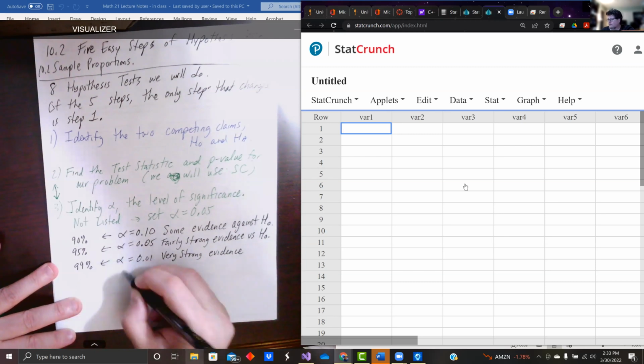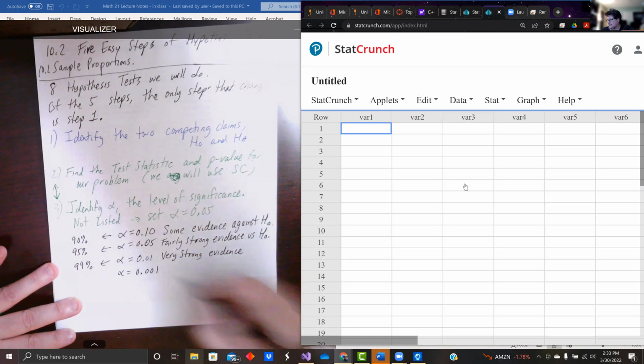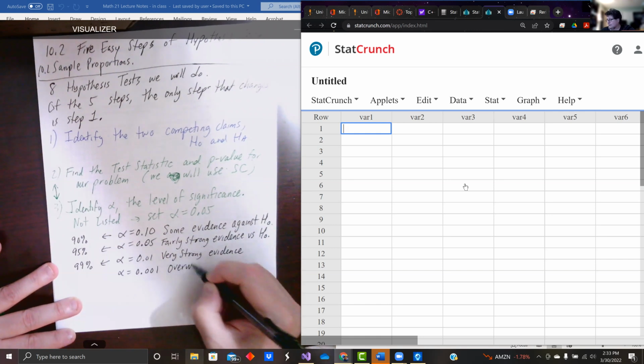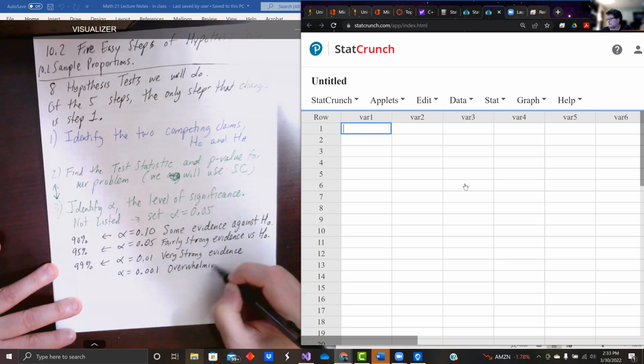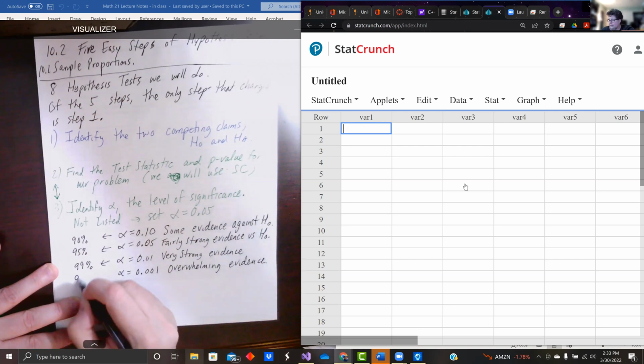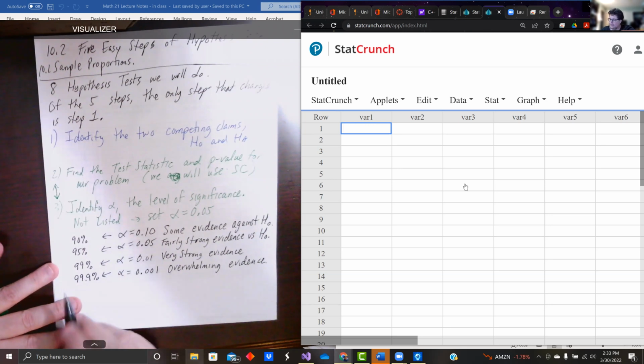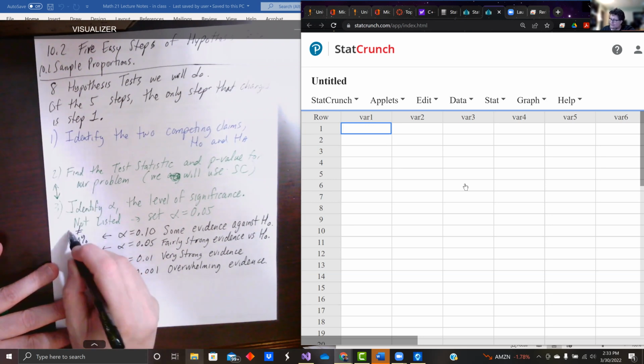And if we go to alpha equals 0.001, this is kind of like overwhelming evidence, or 99.9%. And these are for the two-tailed test scenarios.